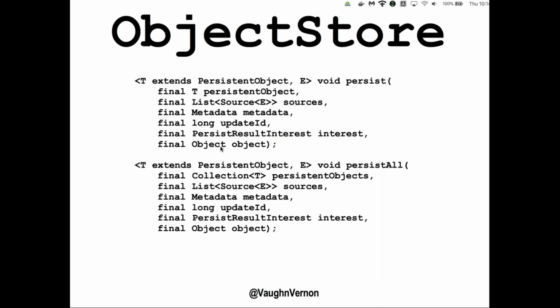Another use of persist all is when you are creating a new entity for the first time, and maybe you have to create multiple entities simultaneously. This would not be a consistency violation because with a new object, these will always be unique, and therefore you can persist multiple new objects simultaneously.